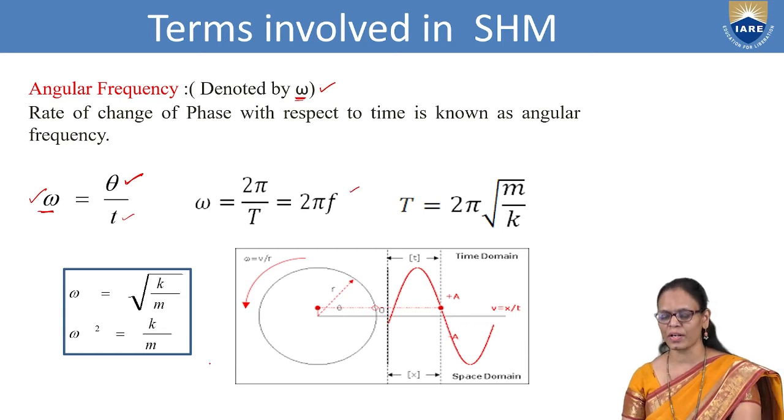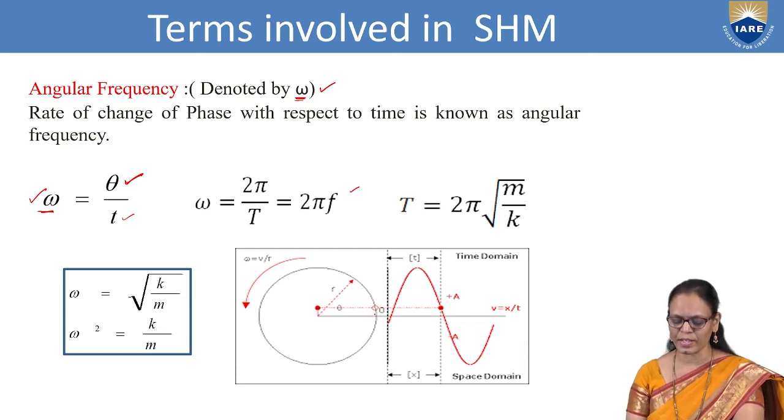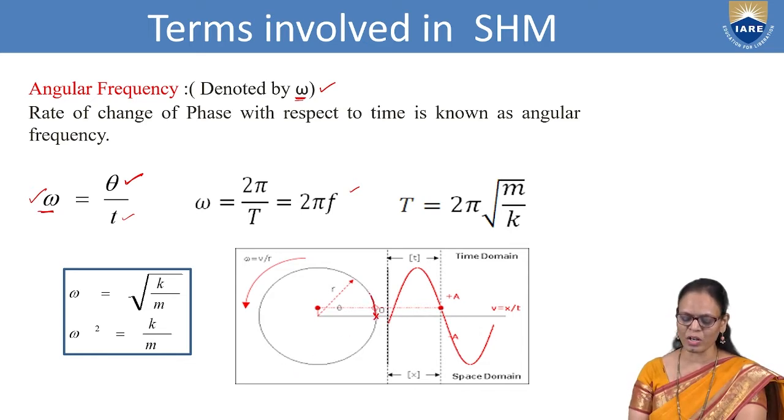So, what we are trying to understand here is, if you consider a particle which starts from here and is moving along the circumference of a circle like this, this is one complete oscillation.